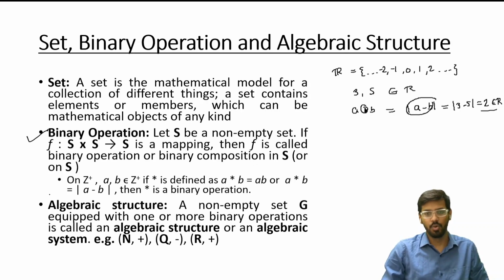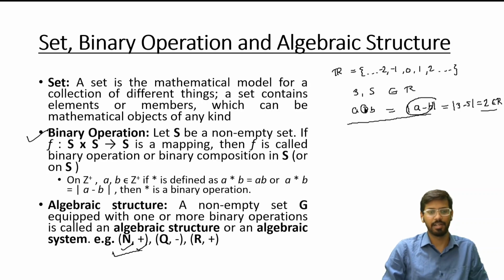Now this whole mathematical structure is the algebraic structure. An algebraic structure is a non-empty set G equipped with one or more binary operations. For example, we can take the set of natural numbers with binary operation addition.